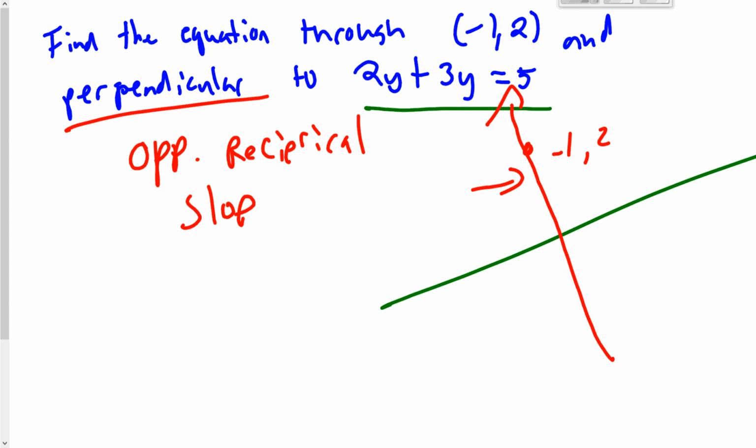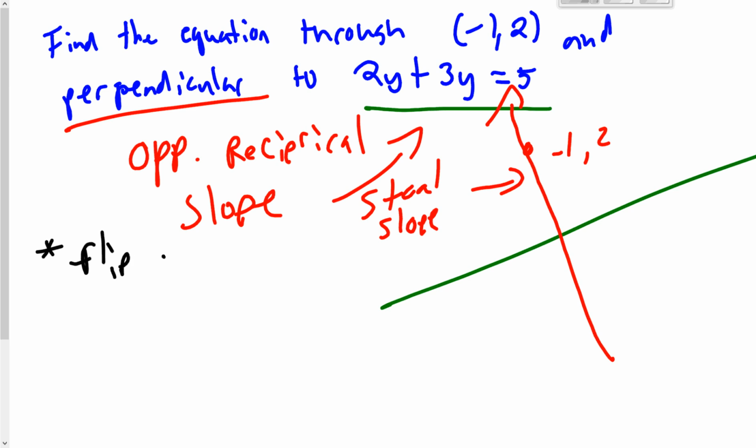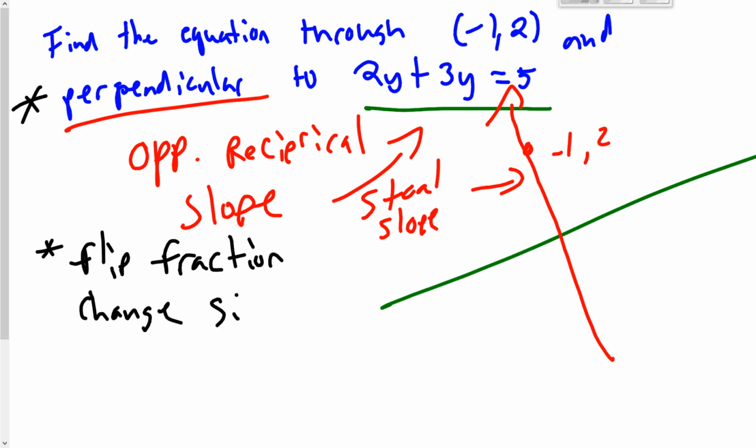Okay, what that basically means is we find the slope from this line, so we're still going to steal this slope, and then all we're going to do is flip the fraction. If you don't have a fraction, if you just have a whole number, put a 1 underneath it, right? And then flip the fraction and change the sign. That's basically what perpendicular means when we're talking about this.